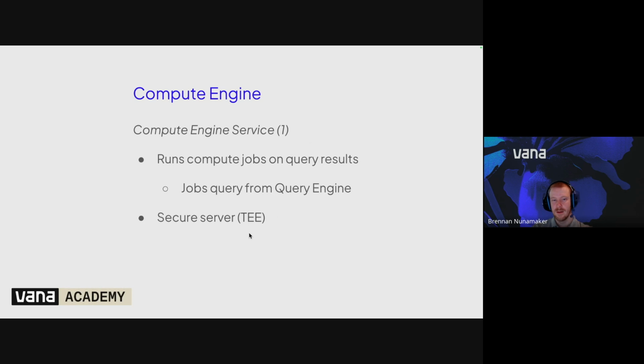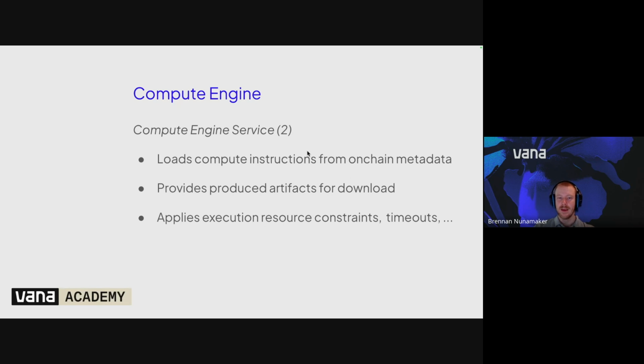And yeah, it's also a secure server, a TEE, trusted execution environment. It loads the compute instructions from the on-chain metadata. It provides produced artifacts for download, meaning all of the files that are output by the compute job can be downloaded through the Compute Engine Service API as artifacts for the job owners that have originally submitted it on-chain.